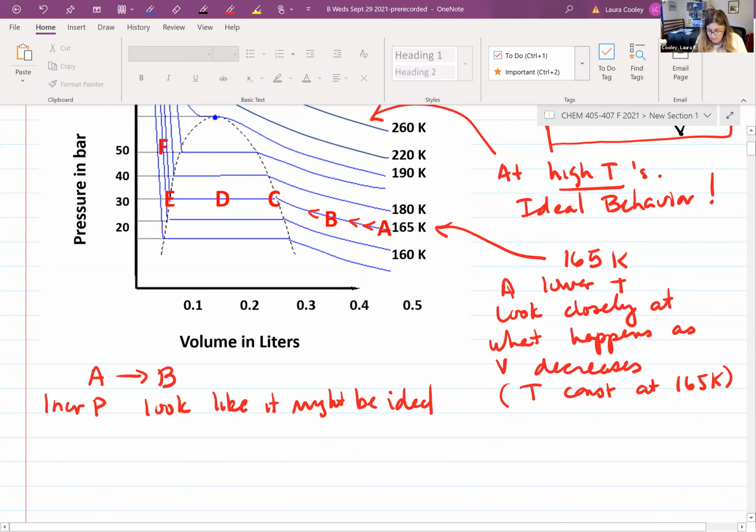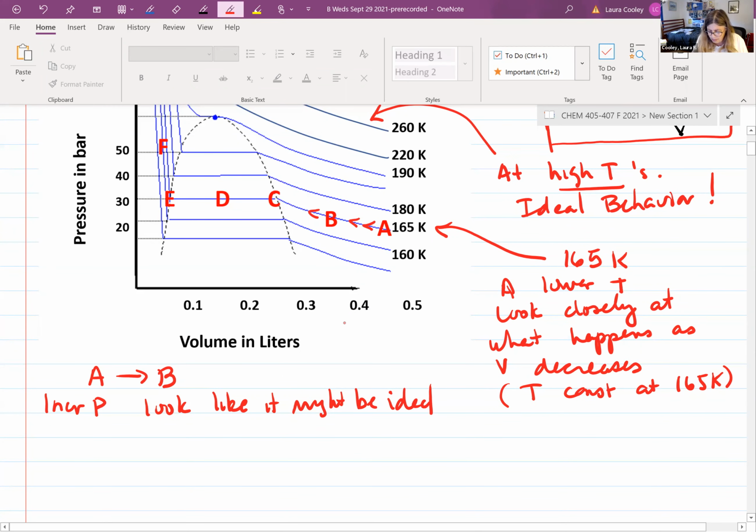Actually, what's happening here is these are pretty small molar volumes. But so it's really not ideal. The pressure is not as high as the ideal gas law would predict. Let me just make a sort of exaggerated illustration of that.